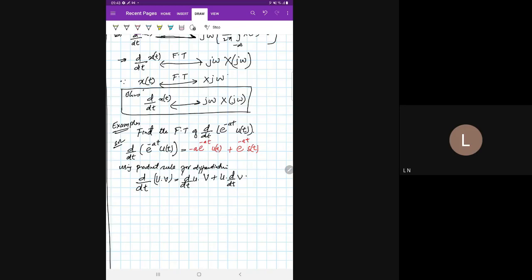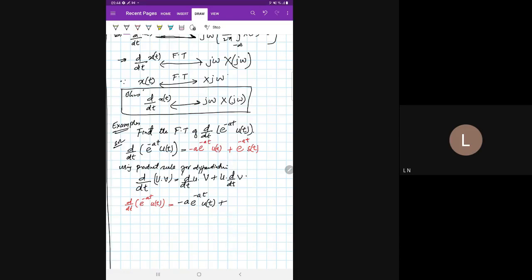Therefore we can write d by dt of e raised to power minus at u of t will be equal to minus a e raised to power minus at u of t plus, now see, any signal x of t multiplied by an impulse function gives us an impulse function, if it is defined at t.